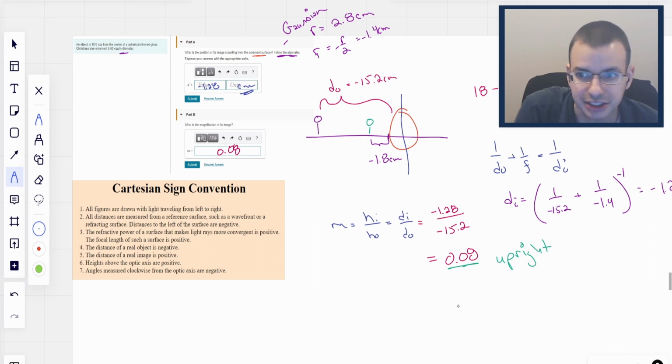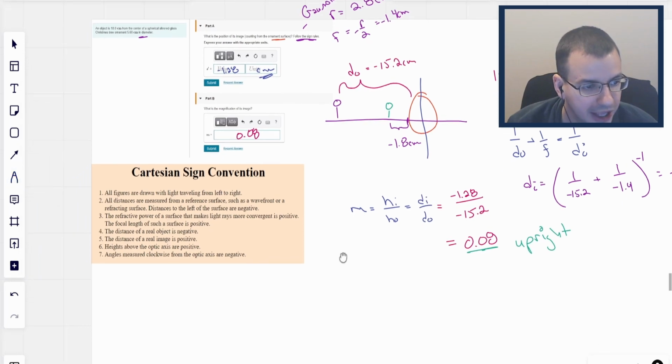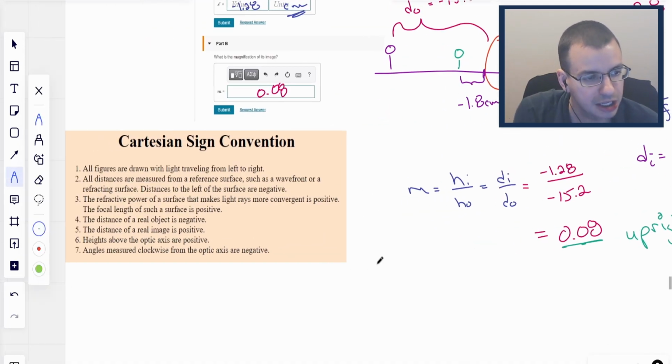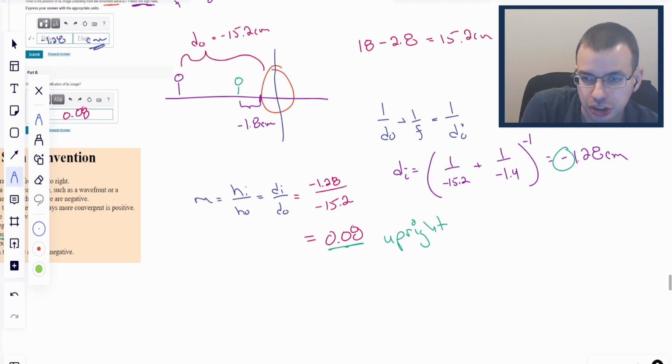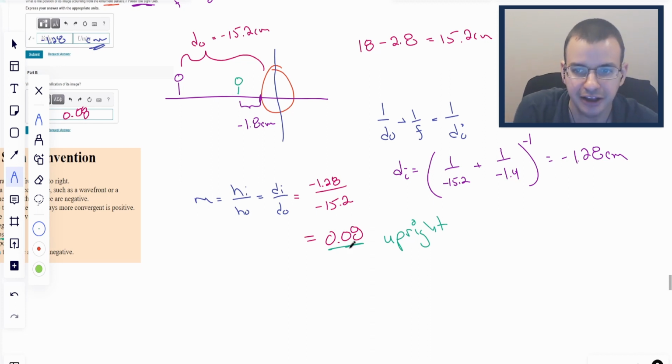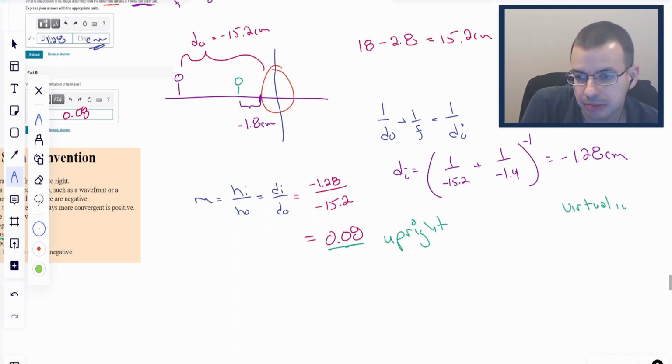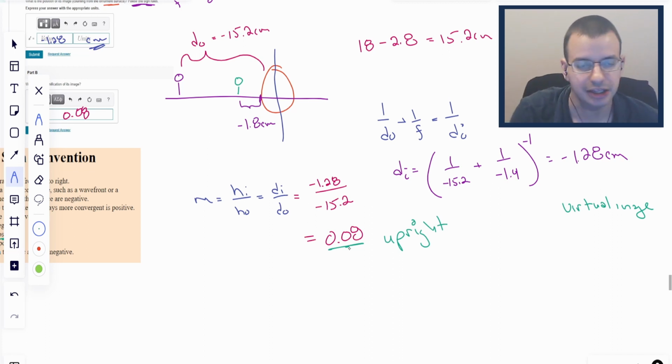And then real or virtual, it's going to be a virtual image because the distance of a real image is positive. We don't have a positive distance to the image, we have a negative. Therefore, this is a virtual image, meaning that if you hold up a screen, you won't be able to see anything.